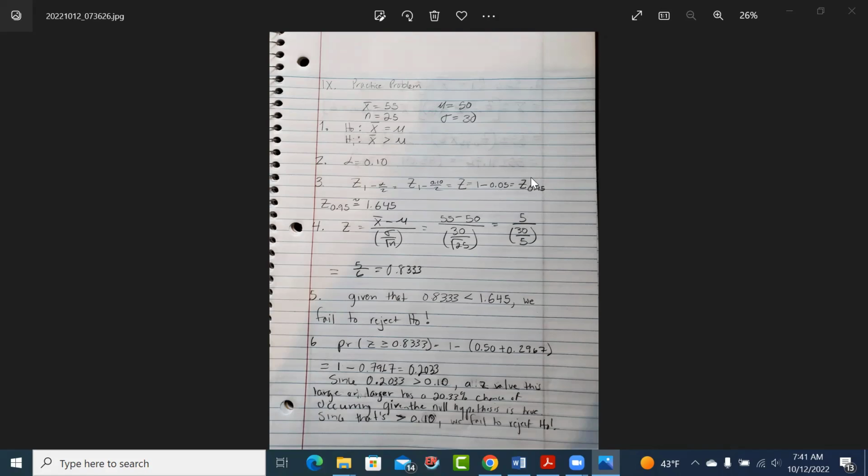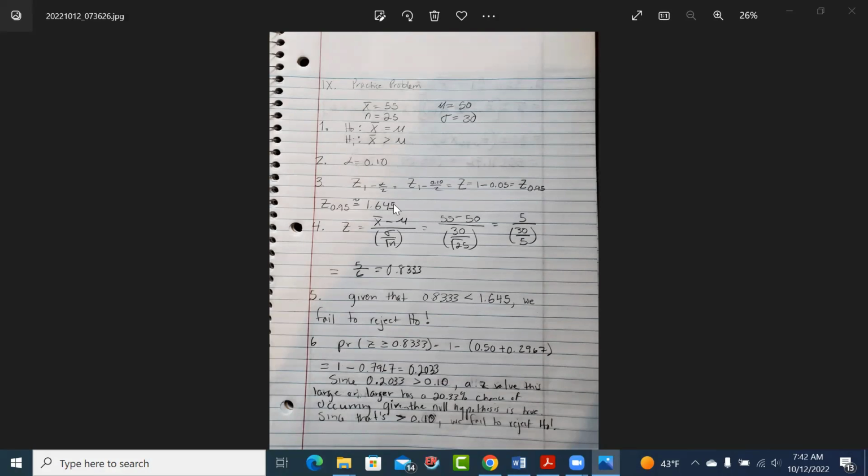And remember, the 0.95 is the probability of a Z value this large, so this is basically the percentile. It's the probability that Z is less than or equal to whatever the Z score is. That probability is 0.95.